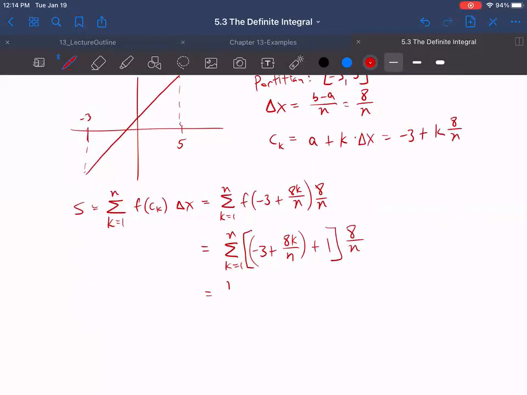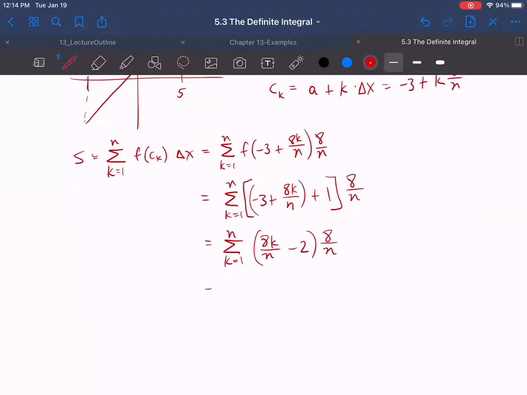So we've got the sum from k equals 1, and this becomes 8k/n minus 2, times 8/n. Then we've got our sum from k equals 1 to n, and we can distribute that through and get 64k/n squared minus 16/n. Then we can split those sums up.